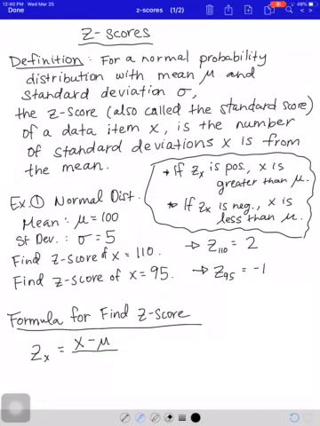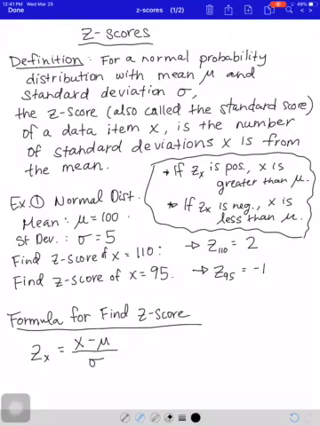For example, up here, if we did our x value of 110 minus 100, that gives us 10, but how many standard deviations away is that? Well, the standard deviation is 5, therefore that's 2 standard deviations away. So what we have to do is finish by dividing by that standard deviation. We're going to divide by sigma. And there we go. This is our formula for the z-score.